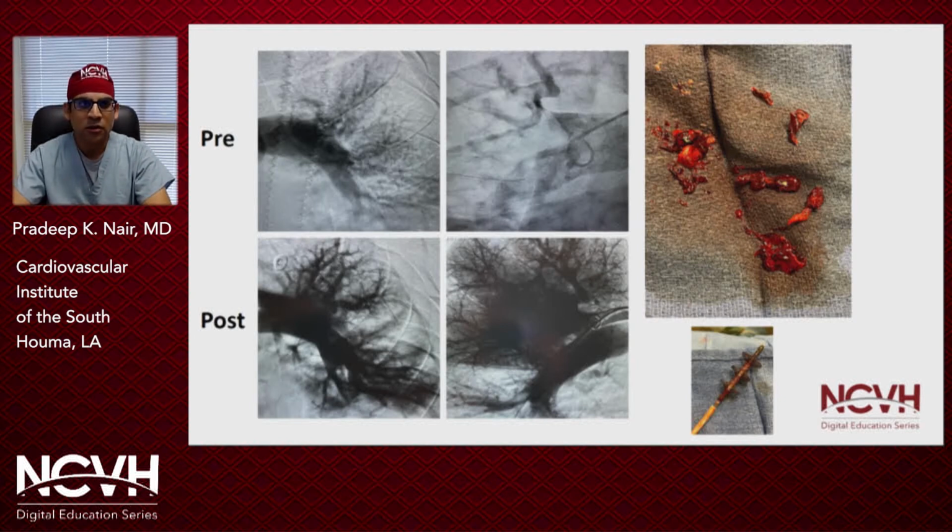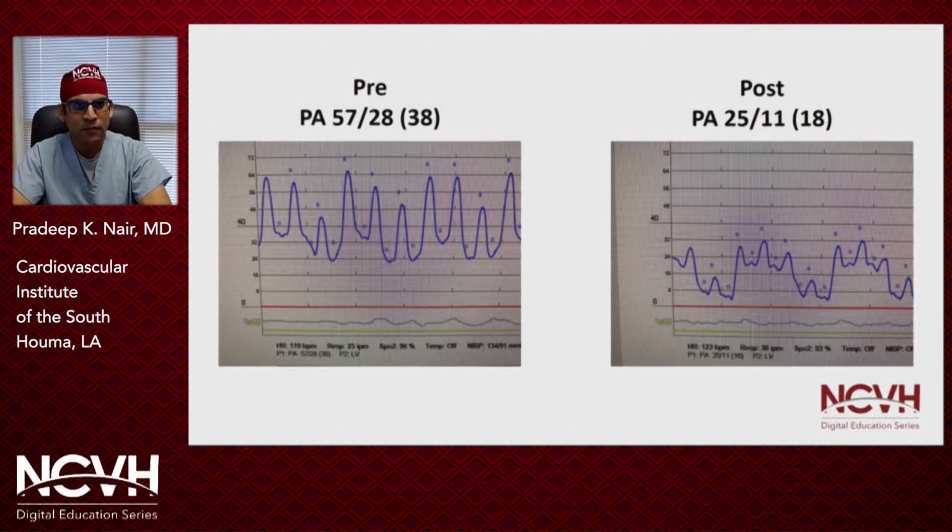You see pictures like this on social media, and I think it's nice to see that we're able to extract clot like this. But the most important slide for me on this case is the substantial drop in her mean pulmonary artery pressure from almost 40 to 18, with almost instantaneous relief in her breathing.